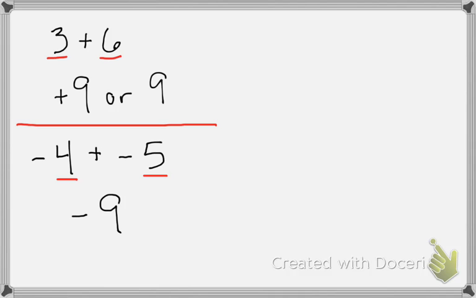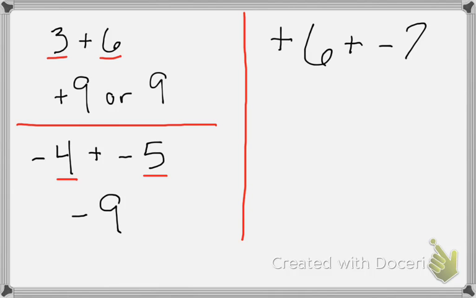Or we could be adding integers together in a situation in which we have a positive plus a negative, such as positive 6 plus negative 2. I'm going to put parentheses around my negative 2.